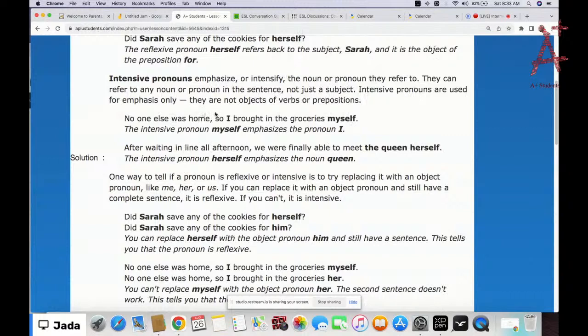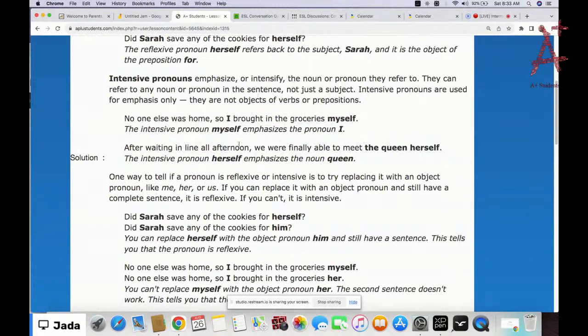No one else was home, so I brought in the groceries myself. The intensive pronoun myself emphasizes the pronoun I. So it intensifies or emphasizes what I did. Okay? After waiting in line all afternoon, we were finally able to meet the queen herself.